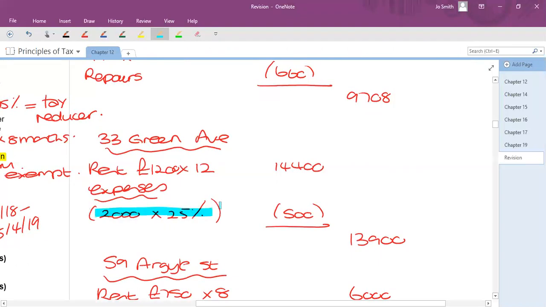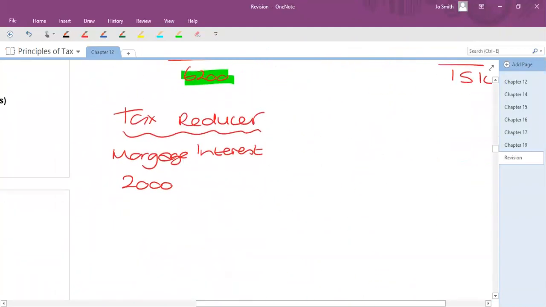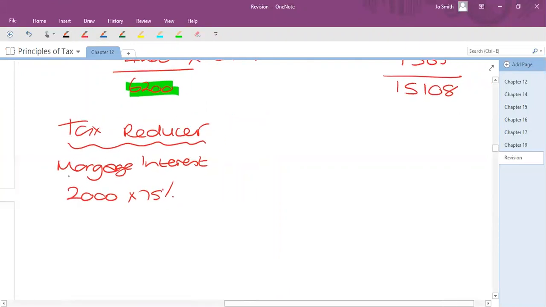So we had that mortgage interest there. So we claim 25% relief against property income. What we're getting is the other 75%, we're getting relief against the tax. So the other 75%, the other 1,500, we don't get relief for 1,500, but what we do get relief of is at the tax rate of 20%.